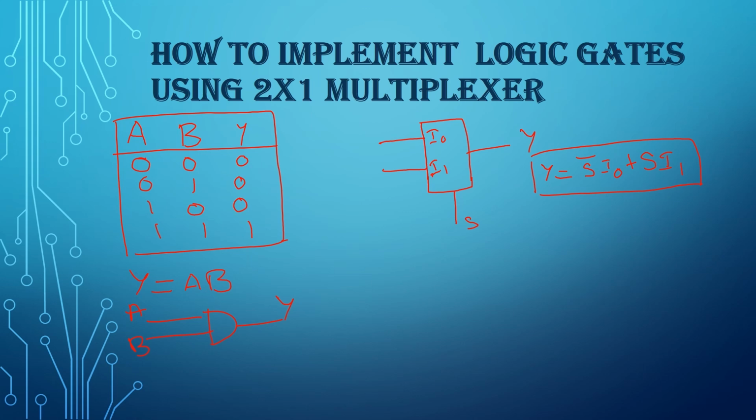So, to obtain this AND gate output from the mux, we need to give the selection input as any one of the inputs of the AND gate. Here, I am considering A as the selection input.